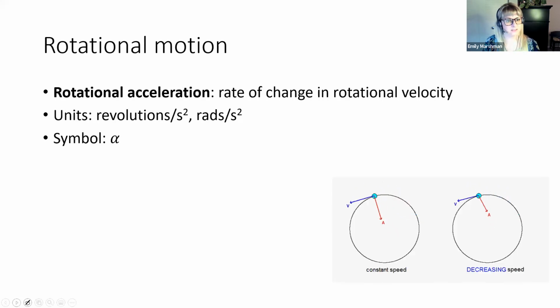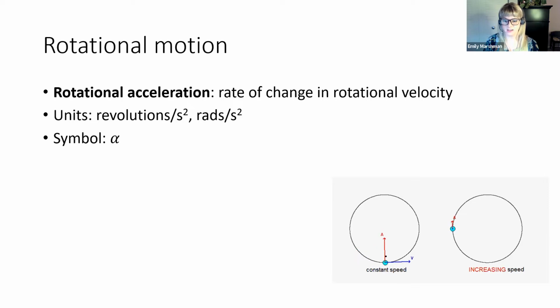And you guessed it, we can also talk about an object's rotational acceleration. When an object is rotating, or if it's moving in a circle, it's possible that the object could be speeding up or slowing down in this circular path. In this animation, on the left-hand side, the object is rotating at a constant rate. Do you see that it goes around the circle and it's neither speeding up nor slowing down in the circle.